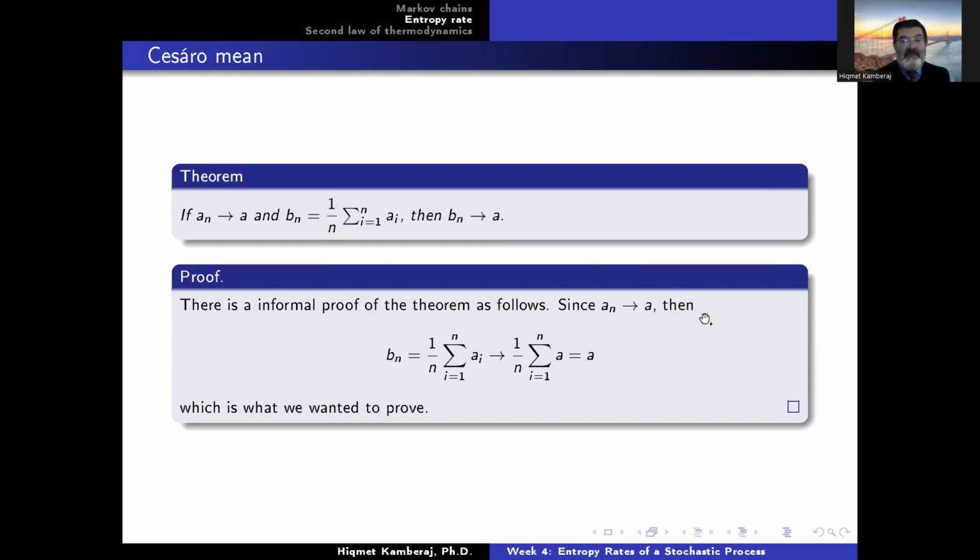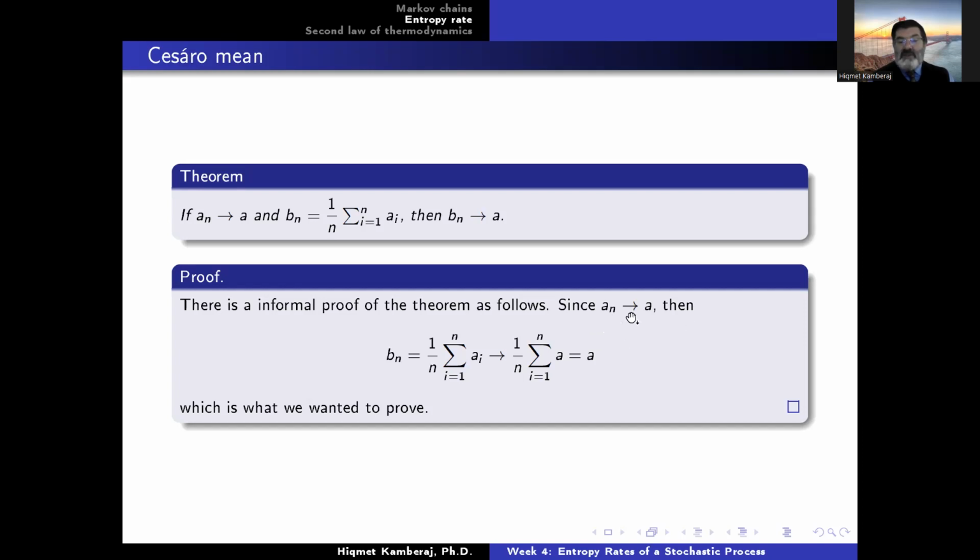The theorem says: if an converges to some a, and bn is equal to 1 over n times the sum of i from 1 to n of ai, then bn converges to a too. This is a simple proof. There is an informal proof of the theorem as follows.